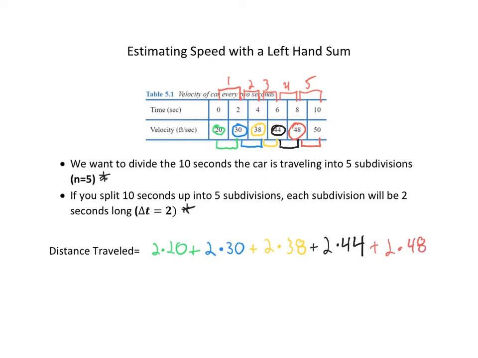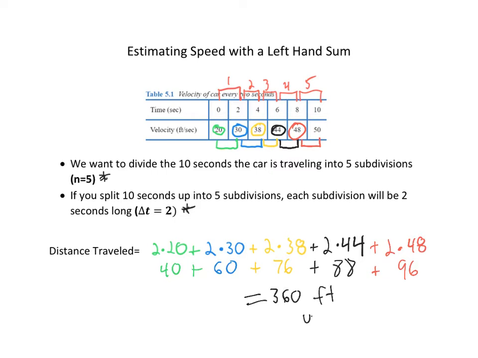And so in other words, if I total these up, 40 plus 60 plus 76 plus 88 plus 96. I would guess the car traveled a total distance of 360 feet.